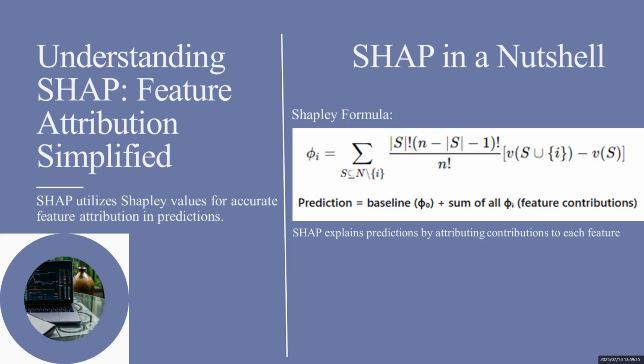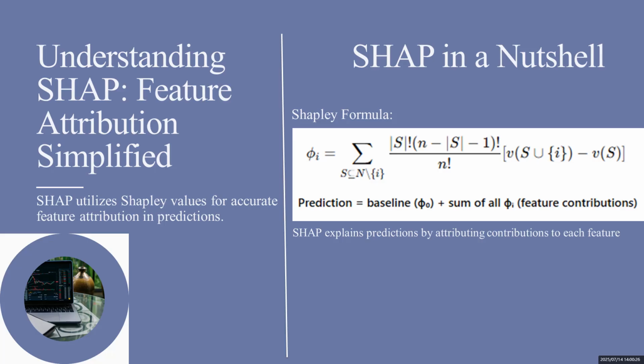SHAP tries to explain the predictions as a result of the attributed contributions of each feature. It tells us the impact of each feature's contribution, which features contribute more and which contribute least. Meaning that some features drive prediction positively, and some drive prediction negatively.